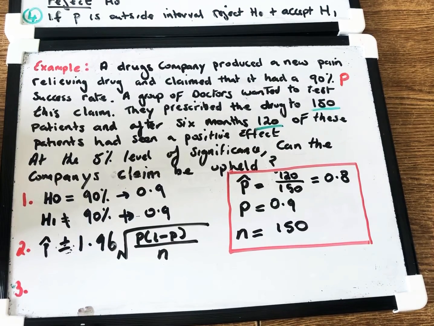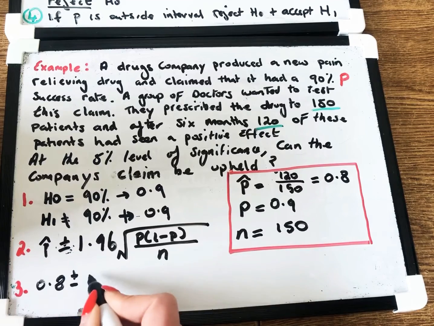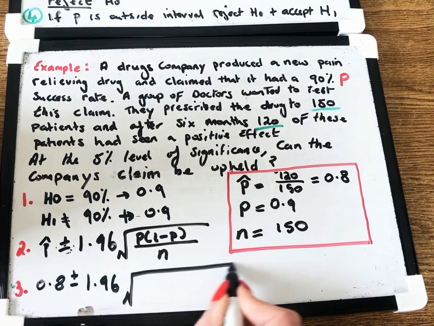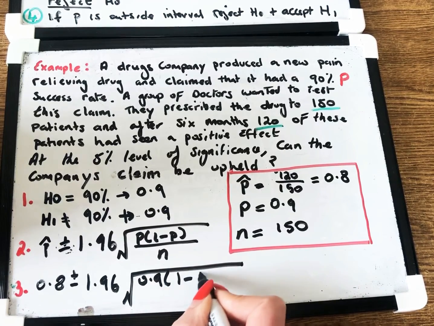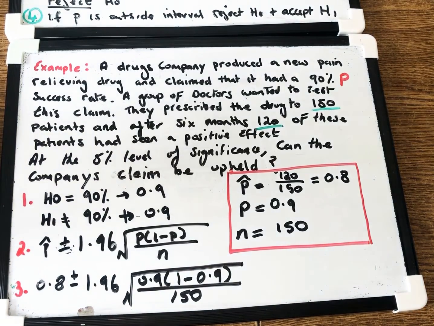So we have our p hat, which is 0.8, plus or minus 1.96 square root of p, which is 0.9, times 1 minus 0.9, all over 150, because that is our n value. We can then go to our calculator and work it out. I've previously done this already for you, so I have the numbers already.